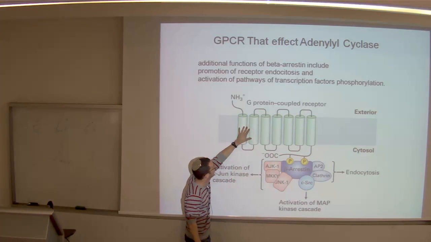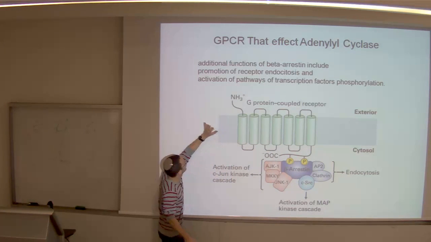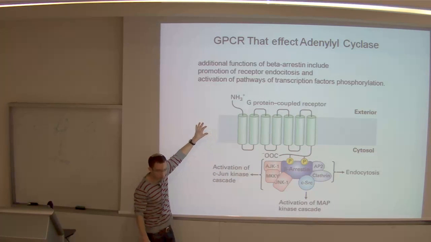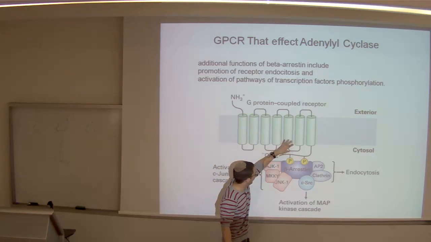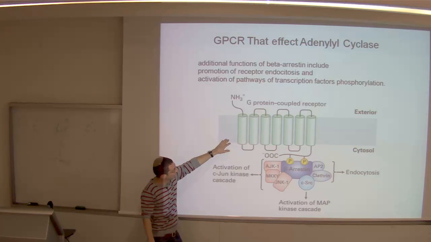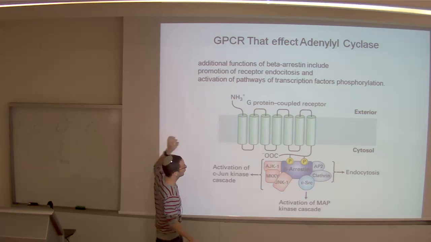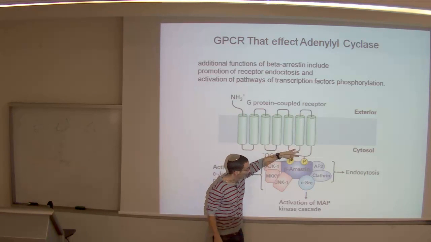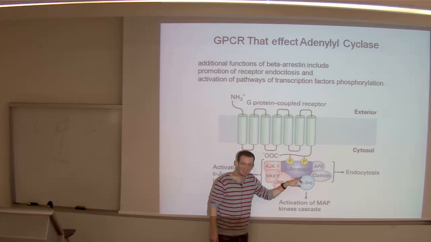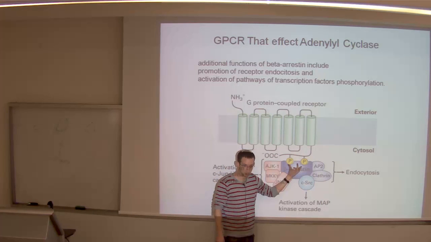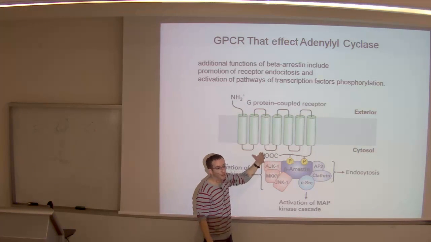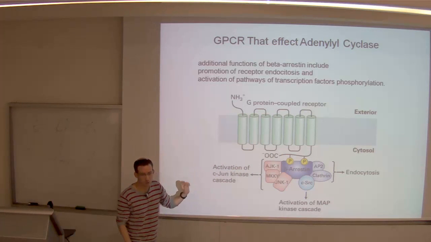Again, this is the G protein coupled receptor, the beta-adrenergic receptor as I described in this plot. While it is sufficiently phosphorylated, beta-arrestin, a cytosolic protein, recognizes this phosphorylation area, binds to it, and shuts off any further activity through this receptor.